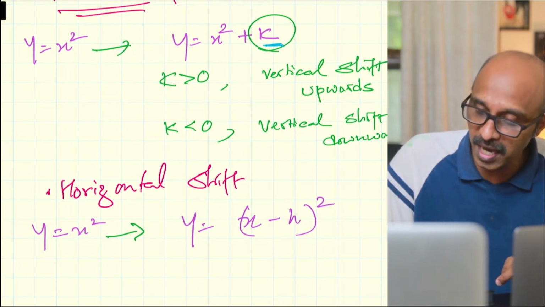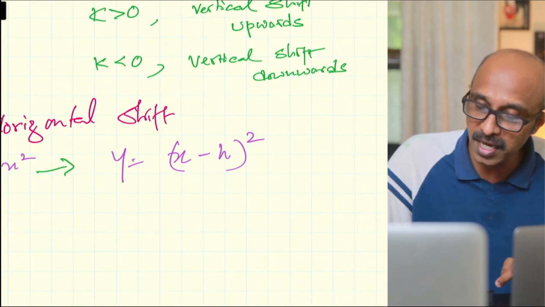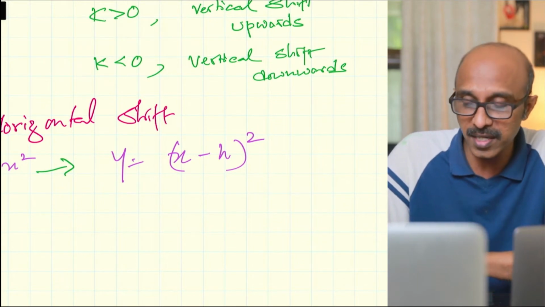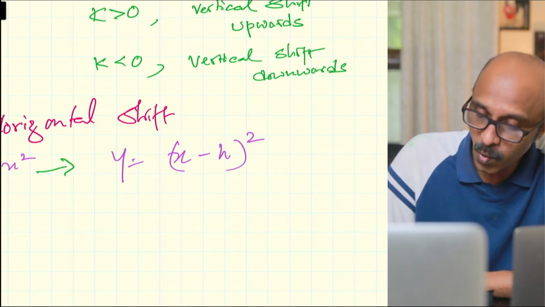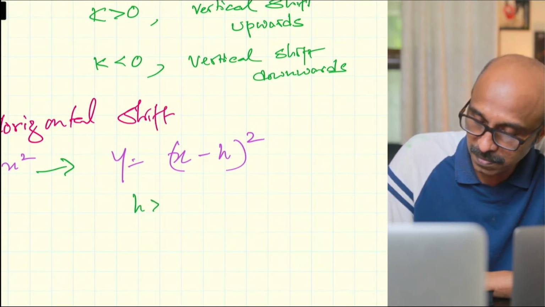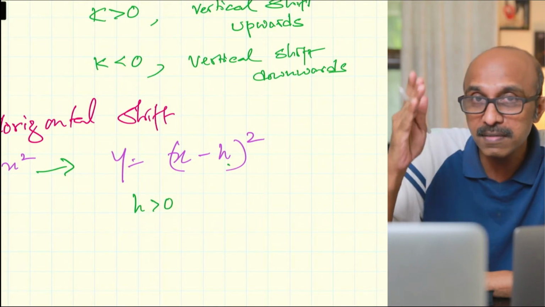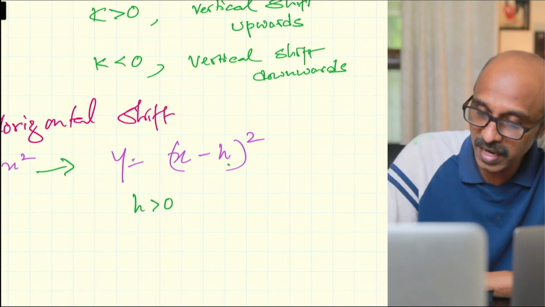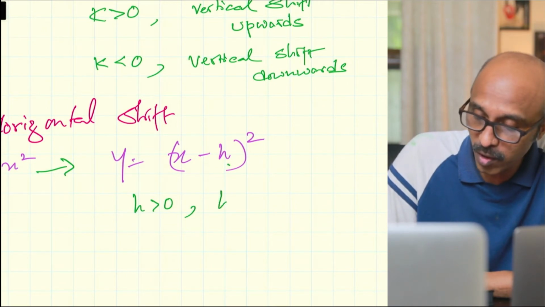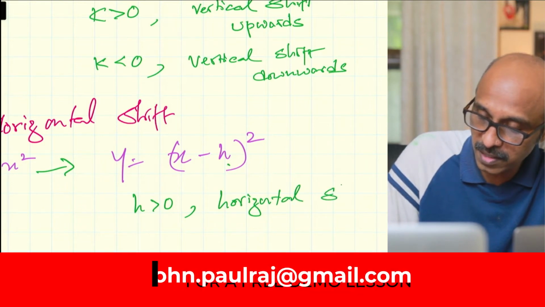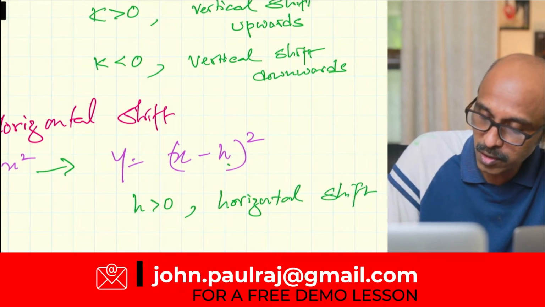I'm going to use this h here. You've got to be careful with this because of that positive and negative. Remember, h is positive means you're going to get x minus a positive number. So when h is positive, it's going to be a horizontal shift to the right.